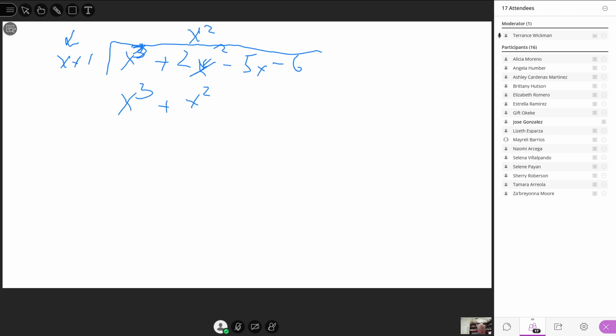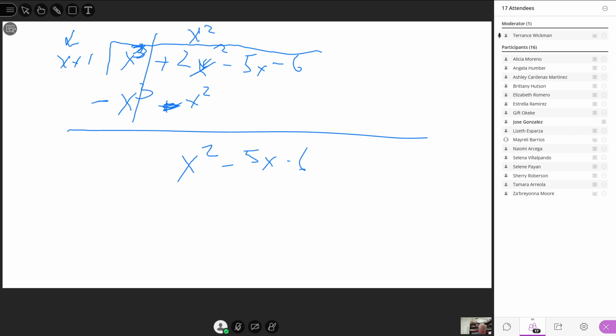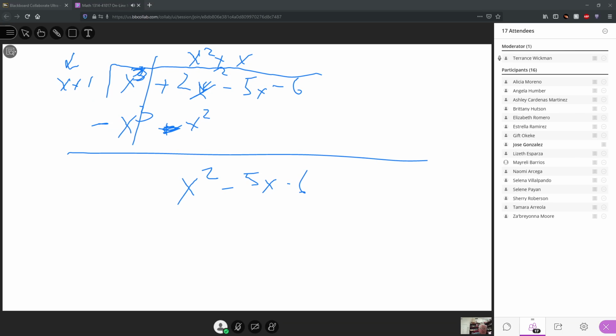Now, the rule is you change signs. You subtract it. That makes these cancel. That gives you 1x squared minus 5x minus 6. Now, in order to get x squared, we're going to multiply this by a positive x. To do that, you get x squared plus x.